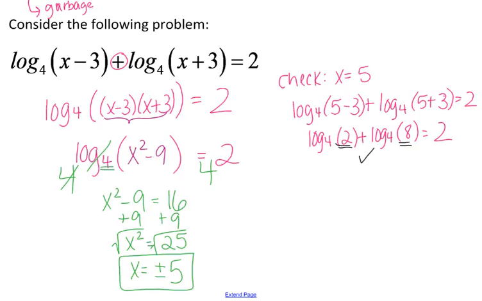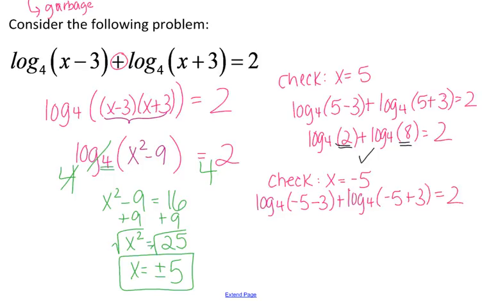The issue is when we are trying to take the log of a negative number. Remember, our parent log equation, negatives don't exist there. That's why we're restricted by a vertical asymptote. The domain is restricted. So if we plug negative 5 into the same thing, plugging negative 5 in for x, when all the dust settles, we see we have log base 4 of negative 8 plus log base 4 of negative 2.